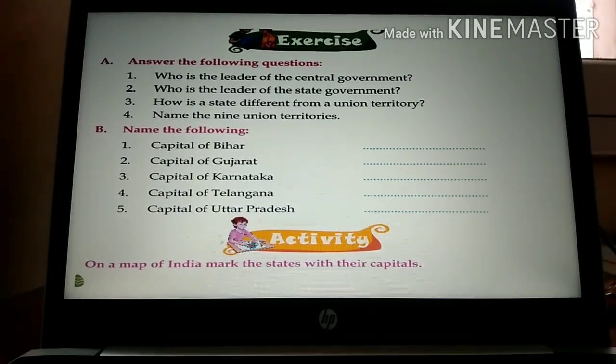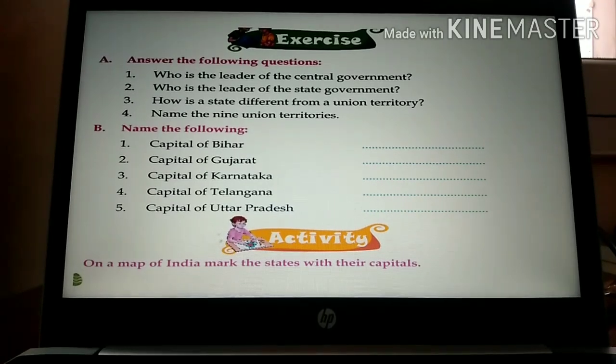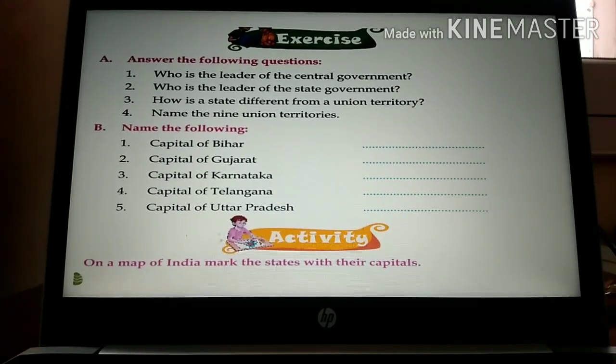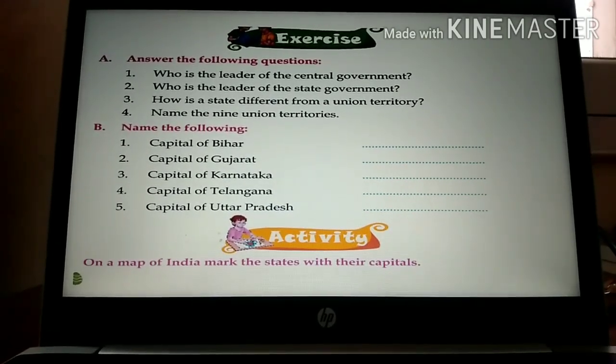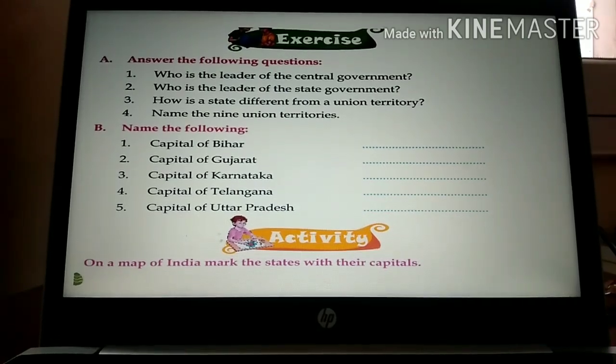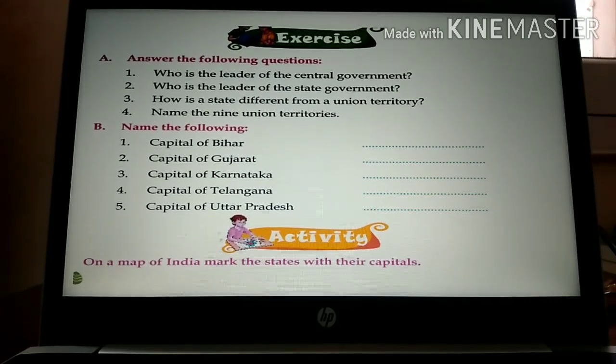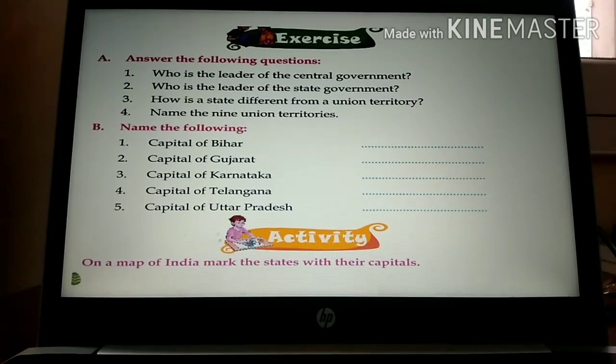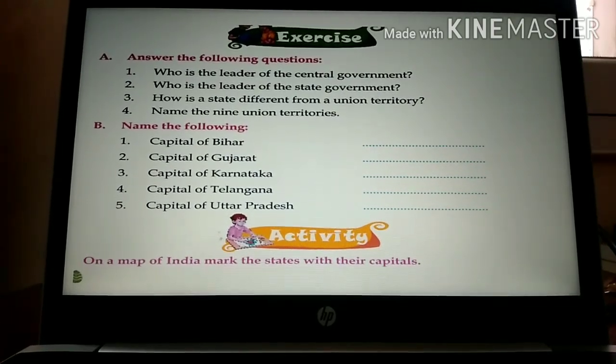So children, now what you have to do, you have to revise all these things. You have to learn all the names of the states with their capitals and names of all the 9 union territories with their capitals. Is that clear, children?